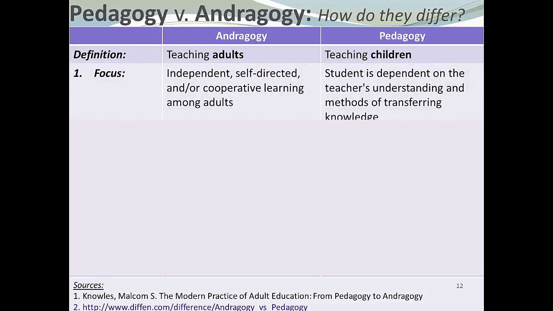So the focus for adults is generally independent, self-directed, and often cooperative among other learners in the group. In some cases, for example, learning online by yourself, maybe not so cooperative, but there are ways, like a discussion board, that make it more of a group setting.